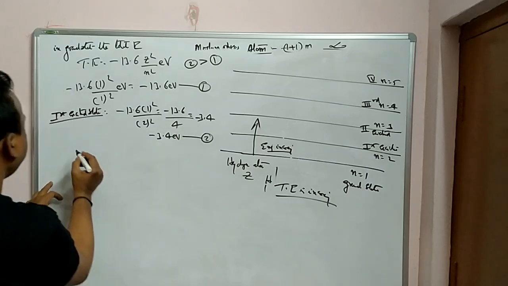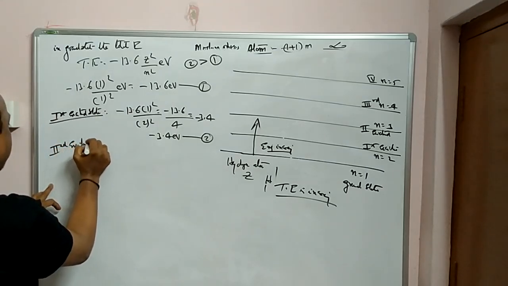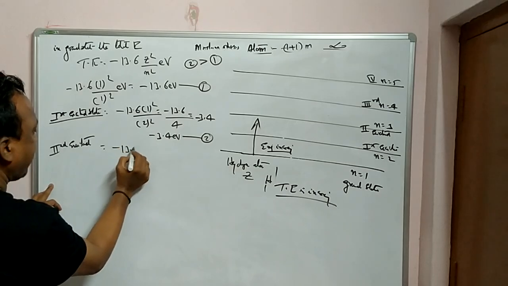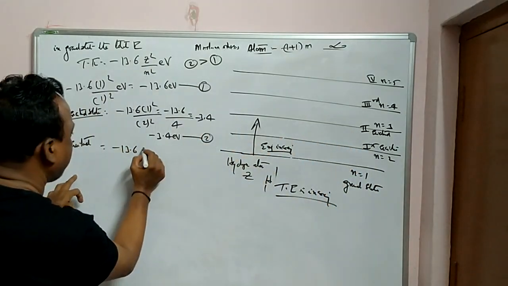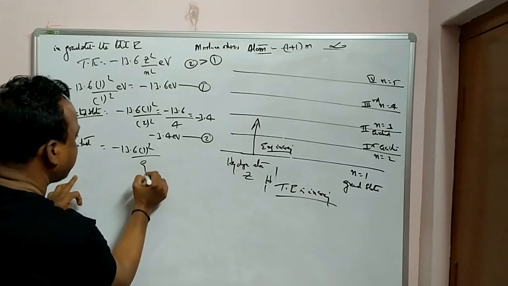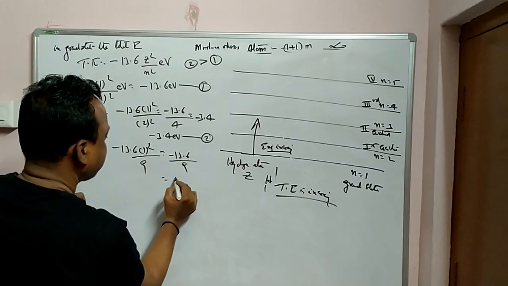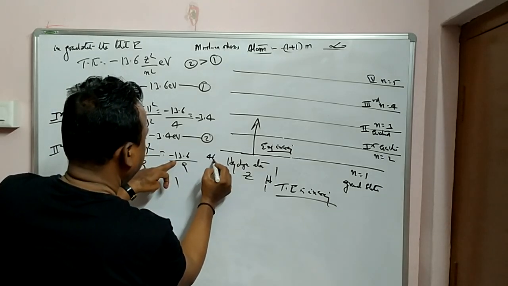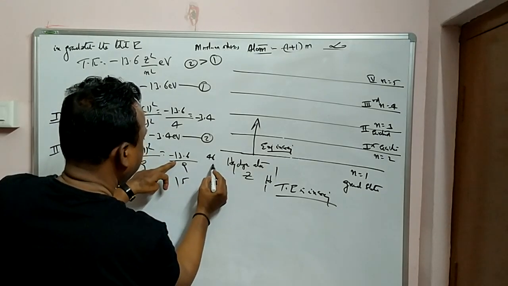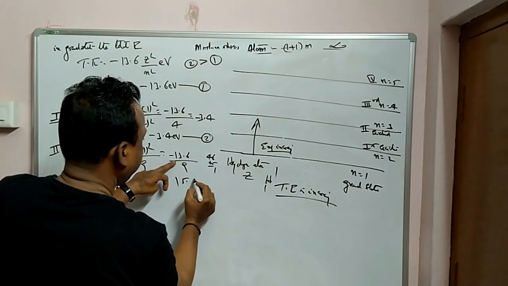Now let us go for the third one, the second excited state. Let us try to understand all this. In the second excited state, minus 13.6, n is equal to 3, atomic number of hydrogen 1, by 3 square, 9. So minus 13.6 by 9. 9 ones are 9, 46 is there; 9 5s are 45, 1 is there, 0.91.